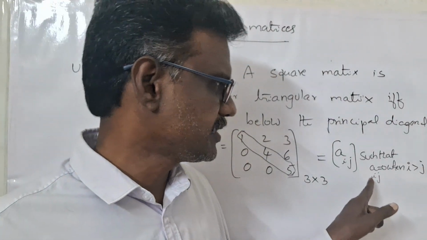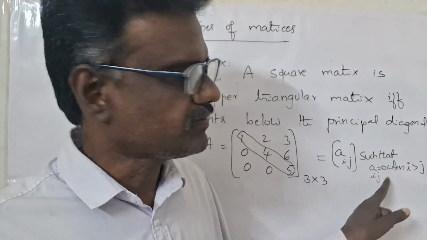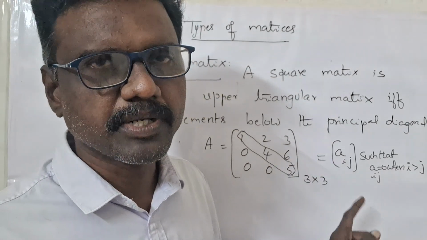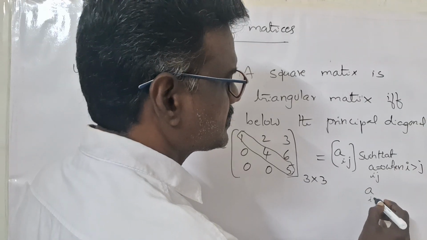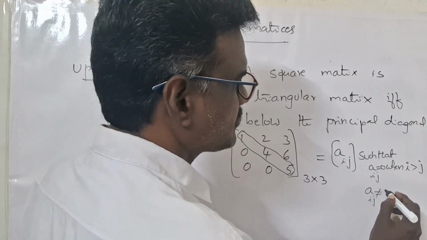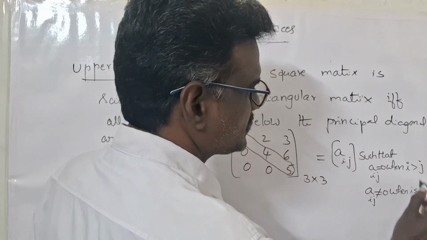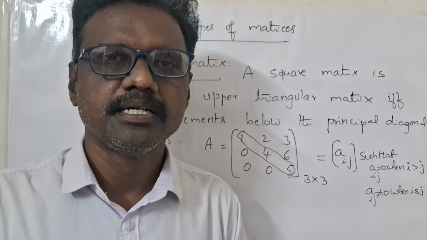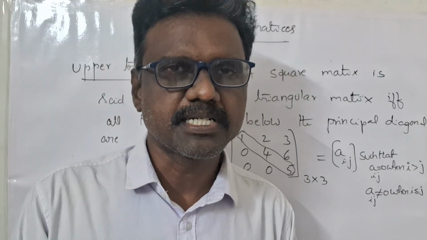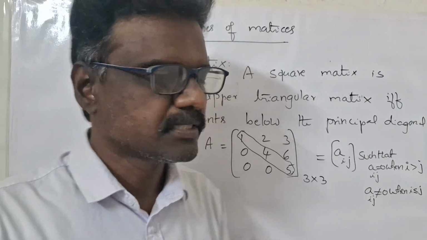Already I told you, row number we denote with i, column number with j. When i is greater than j, that element is 0. All other elements are non-zeros: a_ij is not equal to 0 when i is less than or equal to j. So that is an upper triangular matrix.